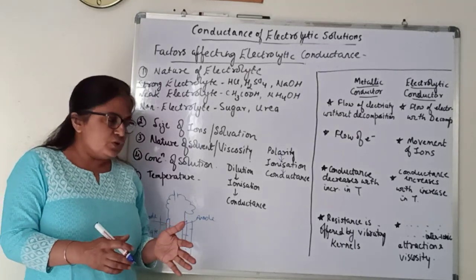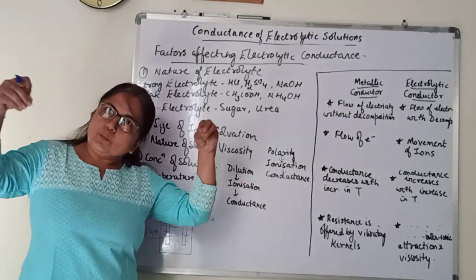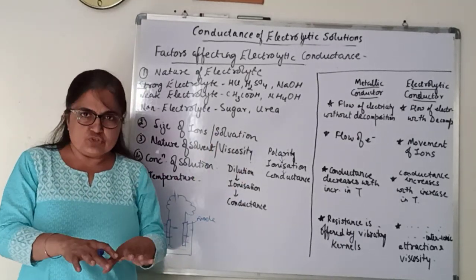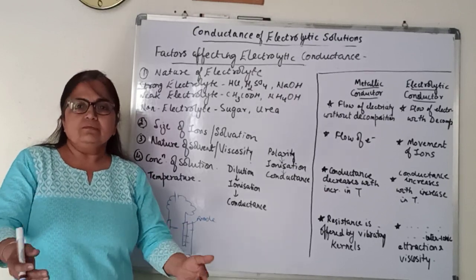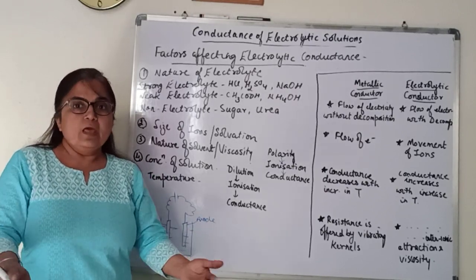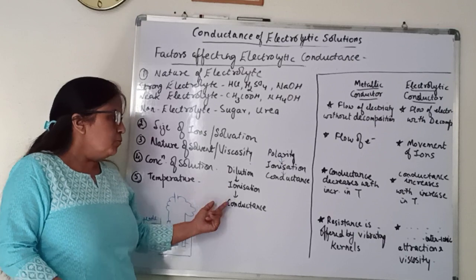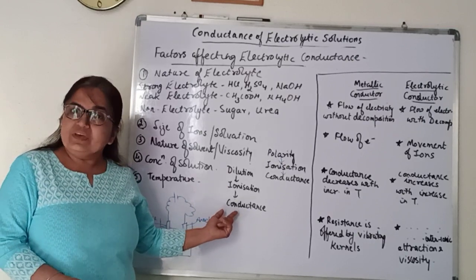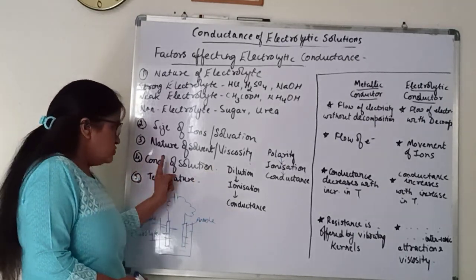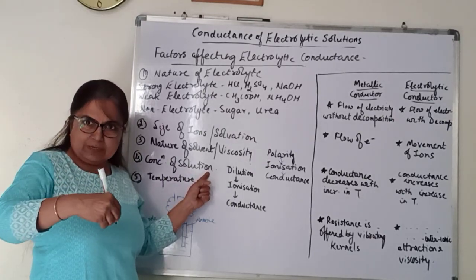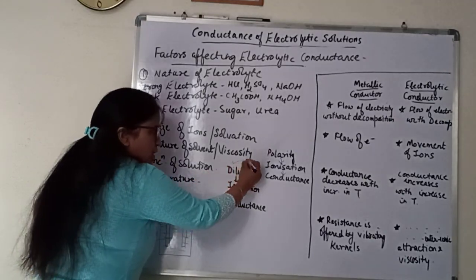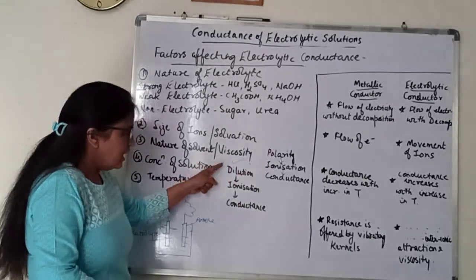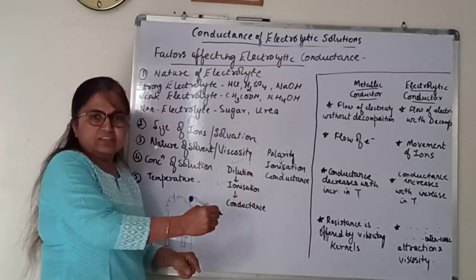Concentration of the solution: when we add water, with dilution, the ionization becomes more. More the ionization, more is the conductance. So we can again say concentration of the solution decreases, which means there is more dilution. More the dilution, more will be ionization.